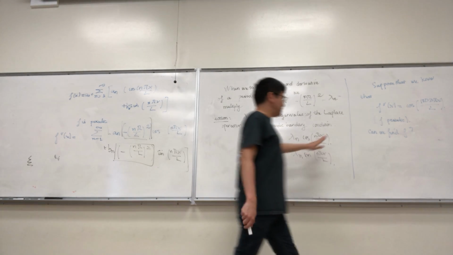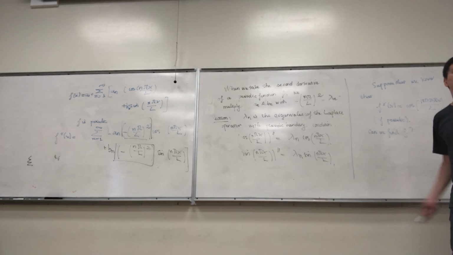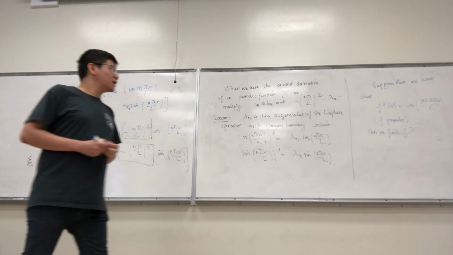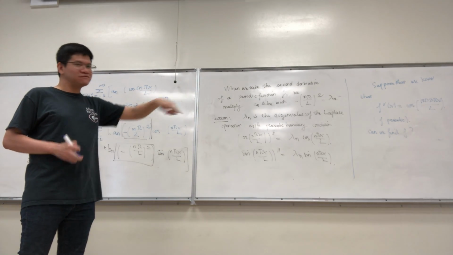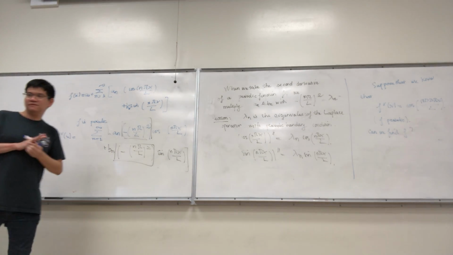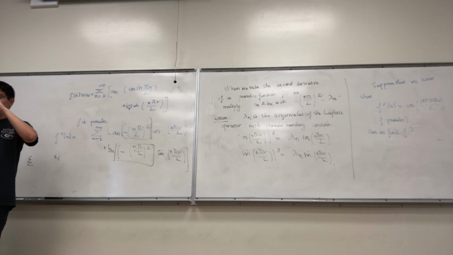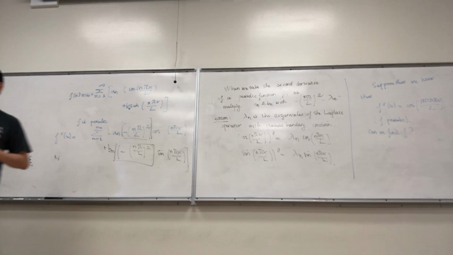So, application. Suppose that I know there is a periodic function whose second derivative is cosinus of 1003 pi x over L. How can I find f? Do we have to take the antiderivative? No, here I don't do an antiderivative.